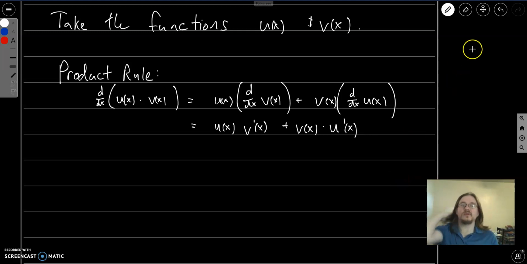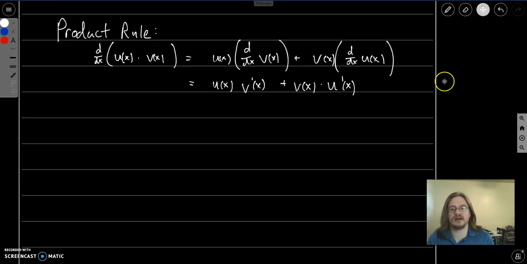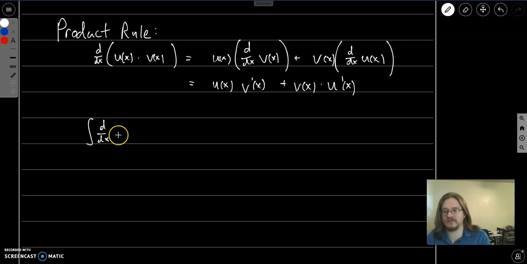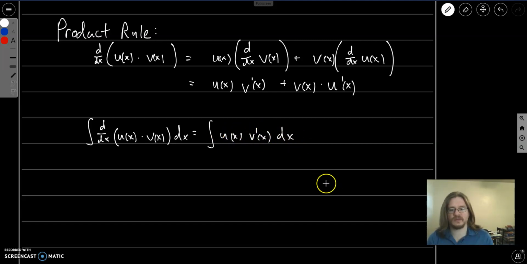So let's say that we want to come through and take an integral. If I take the integral of the left-hand side, we've got the integral of the derivative of u of x times v of x. And when I take an integral of the right-hand side, when you take an integral of two things being added together, we can just take the integral of both of them individually.